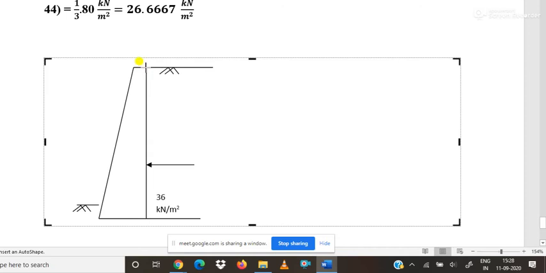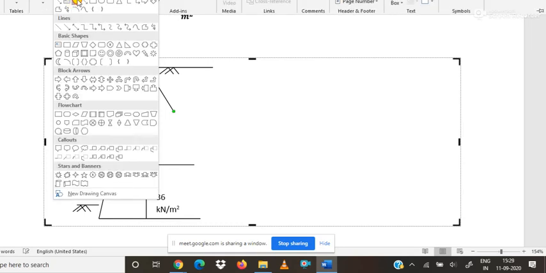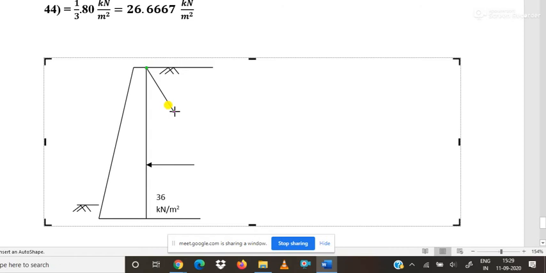For the first layer up to 2 meter depth, the value is 12 kilonewton per meter square, and after that, in the next layer where the soil is submerged in the water table, the value is 26.67 kilonewton per meter square.